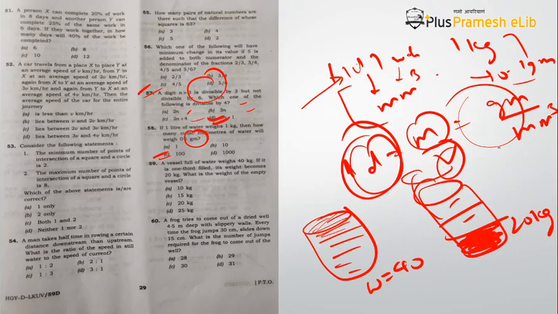So what is the weight of the empty vessel? See, I know that these two parts together should weigh 20 because the whole vessel weighed 40 when it was full, right? If this is 20, that means each part is weighing 10. If each part is weighing 10, that means this is also 10, and that is just the weight of the empty vessel: 10 kg. So this is a common sense question and the answer will come out to be A.